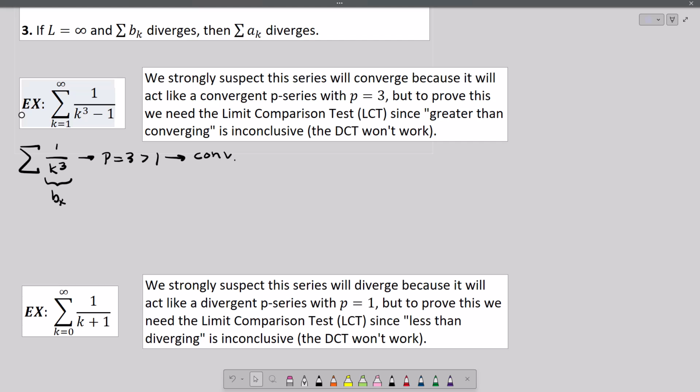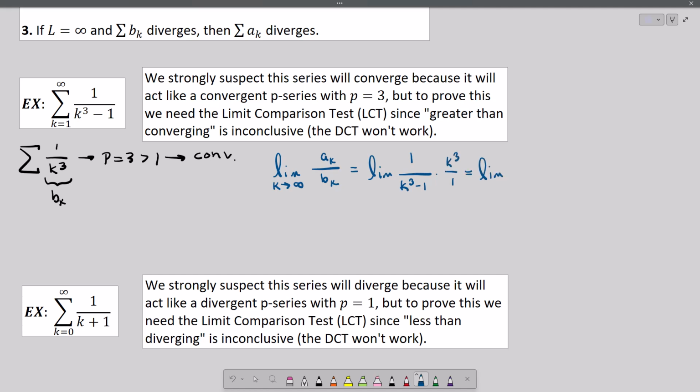So let's try the limit comparison test. The limit comparison test says take the limit as k goes to infinity of a sub k divided by b sub k. So that is the limit as k goes to infinity. A sub k is the one we're analyzing. And if we're going to divide by b sub k, we're going to multiply by the reciprocal.